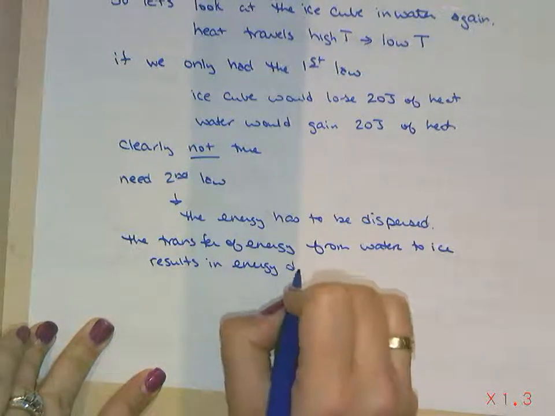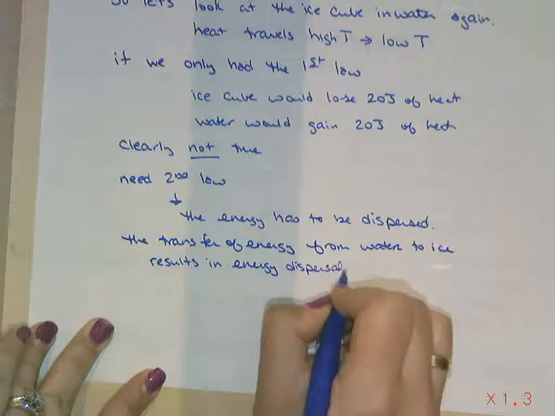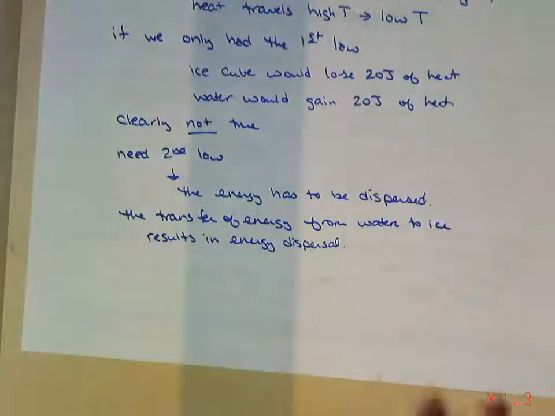So transferring energy from the water to the ice to make the ice warmer and the water colder results in energy dispersal. I've now put energy in more locations, because the energy was all concentrated in the warm water and there was no energy in the ice cube. So now I've taken some of that warm water energy and put it in the ice cube. Now I have more places to put that energy, so the energy distribution has gone up.